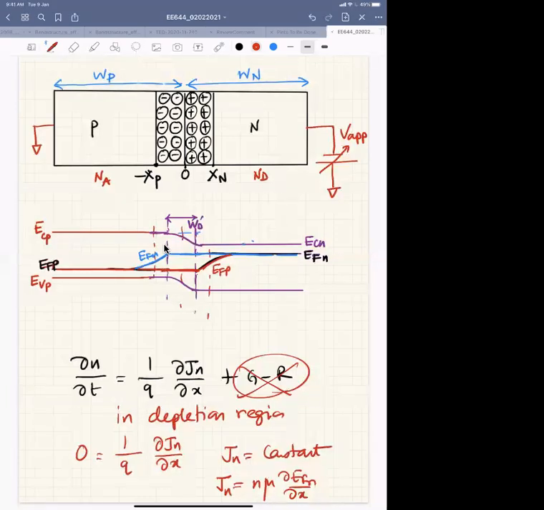So if you want to draw the quasi-Fermi levels, your EFN you could draw in the N side, and in the P side also, it will be constant till the edge of the depletion region in the P side, and EFP is constant till the edge of the depletion region in the N side, right? Okay. So let's not discuss this right now.